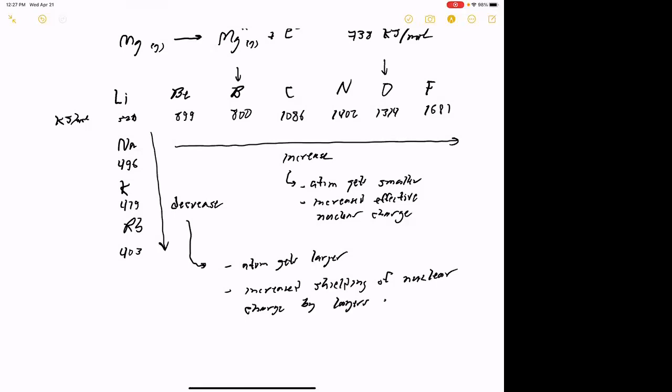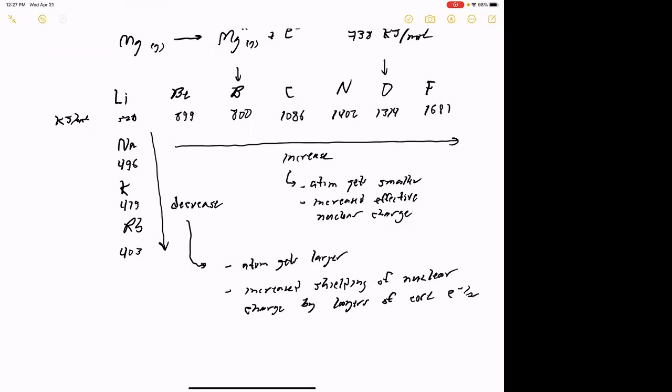Okay, so again, that's an argument we made when we were talking about the changes in size, why the atom gets bigger as we move down the column.